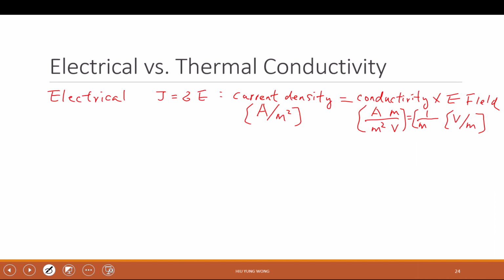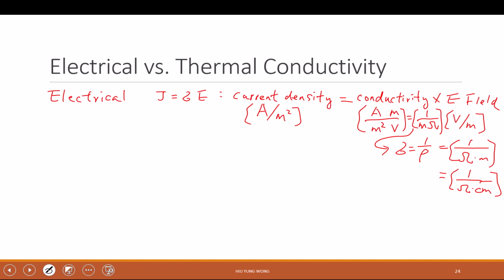And then what is volt divided by ampere? Ohm, right? It becomes this. So it's very common. People will also say conductivity equals 1 over rho, which is the resistivity. And the unit of resistivity is ohm meter or ohm cm, depending on which unit they pick, but they are all ohm times length.